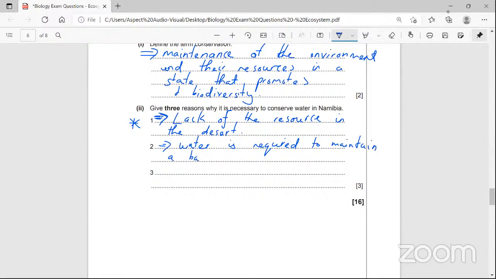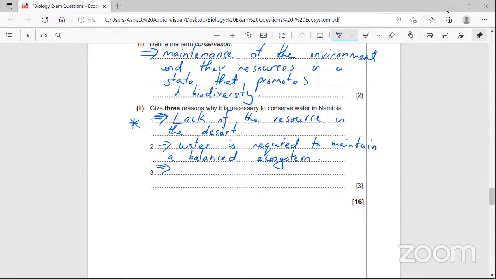I'll give an example. If your cactus doesn't have water in it, where would the primary consumers get the water? So you require a balanced ecosystem. Anything else?